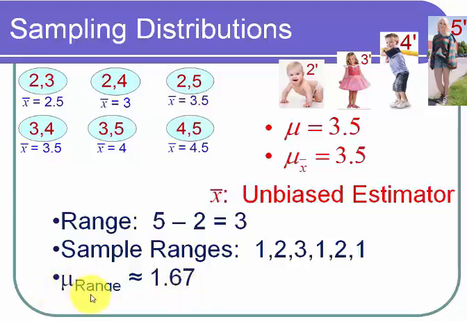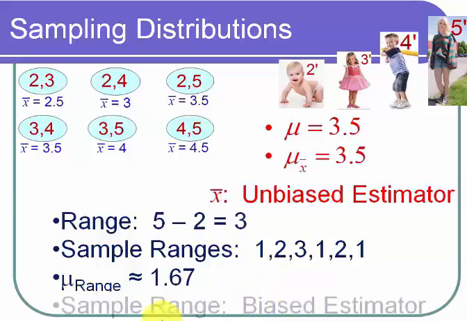Mu sub sample range is not equal to the population range. So what we say is that the sample range is a biased estimator for the population range.